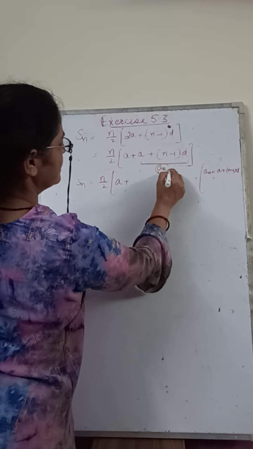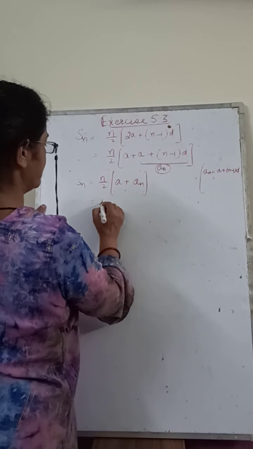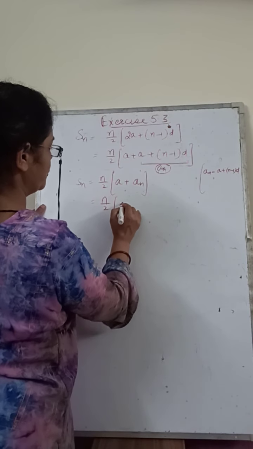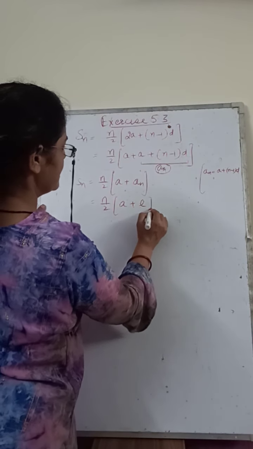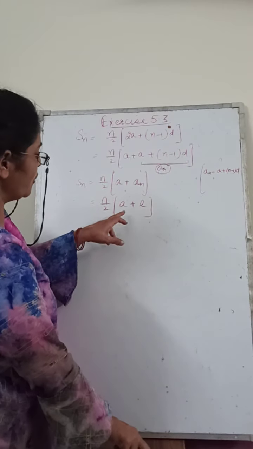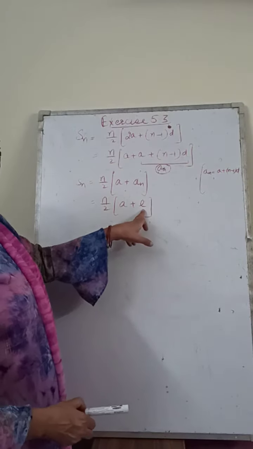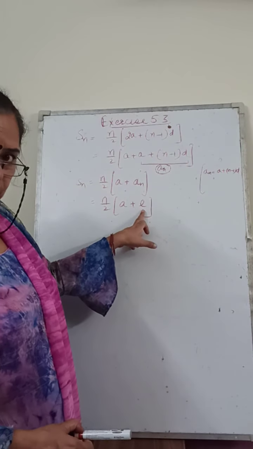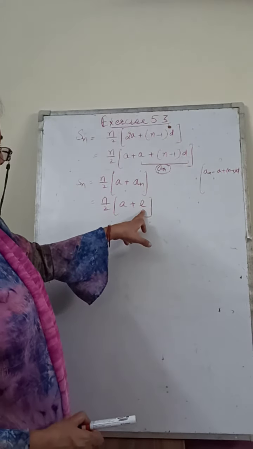A is what? A is the first term, and an is what? An is the last term. So you can write it like this also, n by 2 into a plus l, where a is the first term of the AP and l is the last term of the AP. Clear?